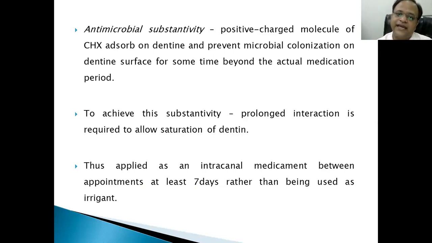That means if you have applied it for maybe 2 or 3 weeks, the actual availability of chlorhexidine on that dentinal tubule or dentine surface will be over 5 months. To achieve this substantivity, fluorine interaction is required for saturation of dentine.